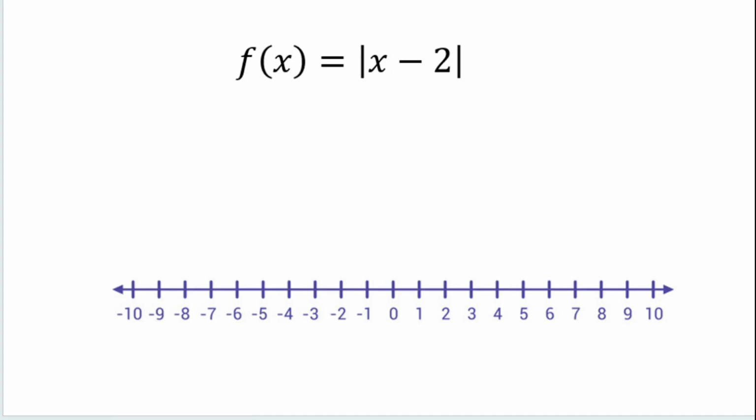So let's examine this function so we can rewrite it as a piecewise function. The first thing we need to know is what parts of the real number line follow one rule, which is to just ignore it. In other words, for some of the values of x, don't bother with the absolute value signs.